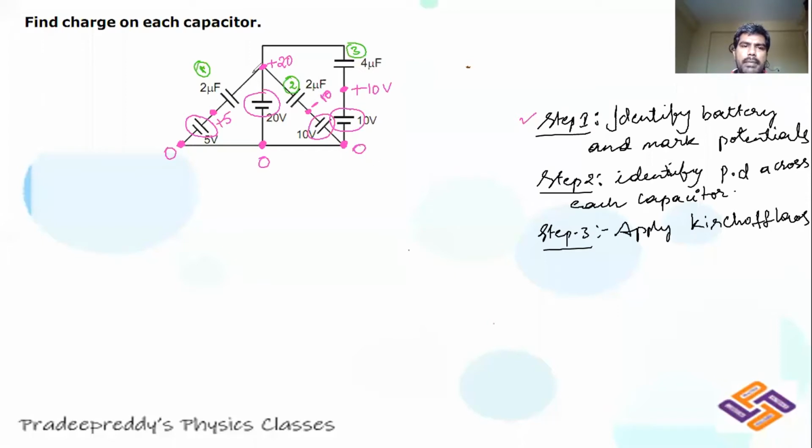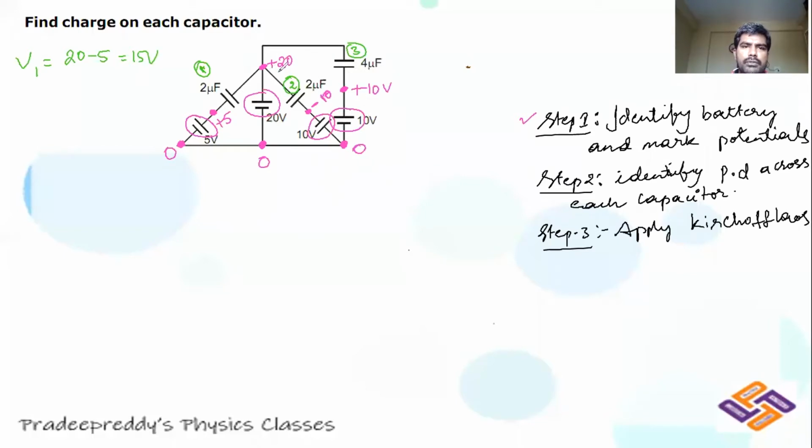Now across the first capacitor, the potential difference is between 20 and 5, right? So the potential difference for the first capacitor, V1, is equal to greater potential minus smaller potential, that is 20 minus 5, which is equal to 15 volt, right?